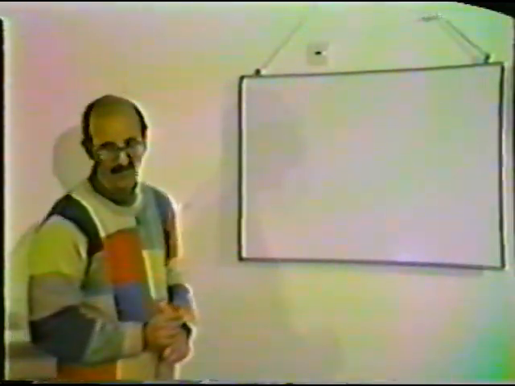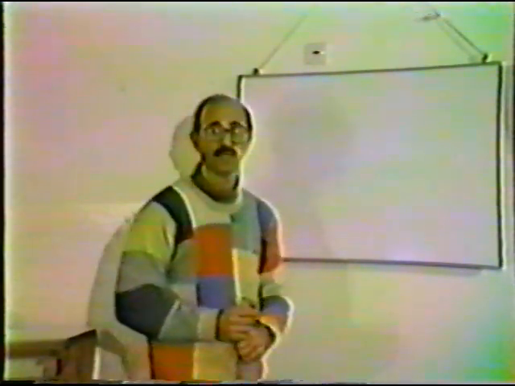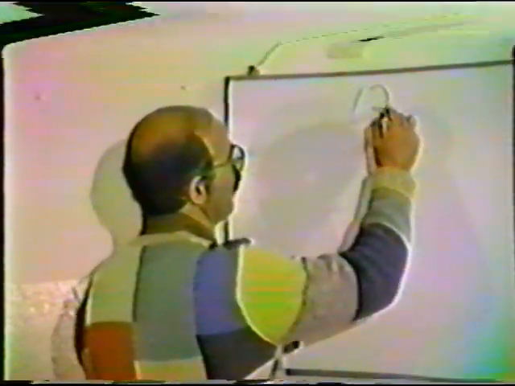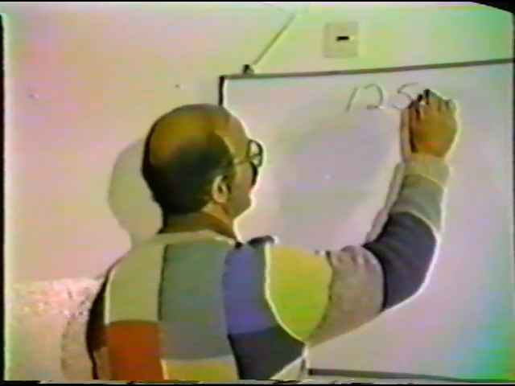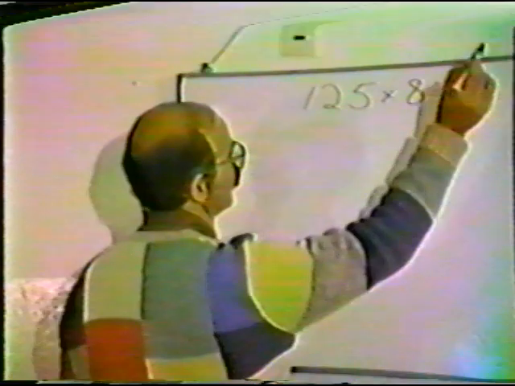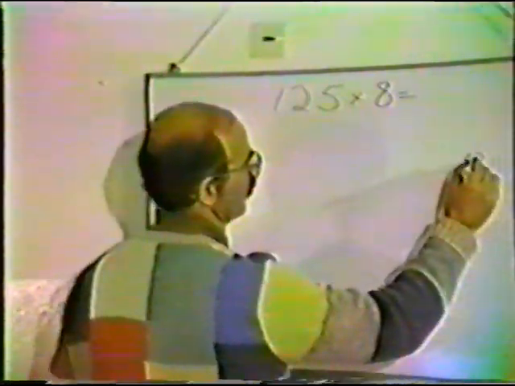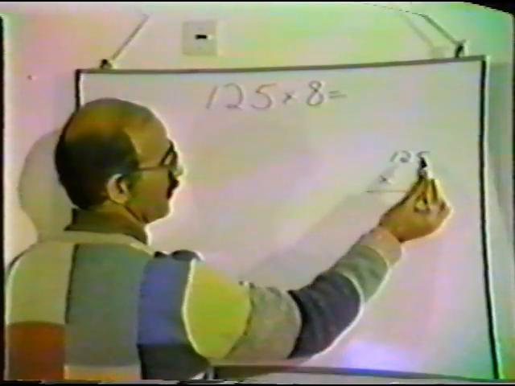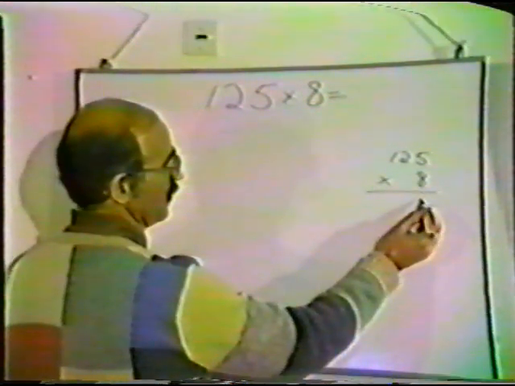Now we have another new times fact that we want you to memorize. It's very helpful to know that 125 times 8 equals what we're going to find out. Let's do the work and find out for sure. 5 times 8 is? 40.